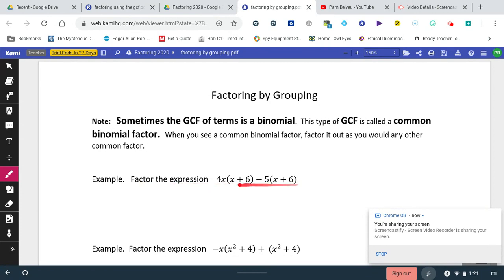Look at this expression here. It says factor this expression. So I pretty much have it already set up for you. I have it grouped. I have this term grouped with this expression and this term grouped here. But if you look between both of these, and I'm going to highlight them, you should see a common binomial factor.